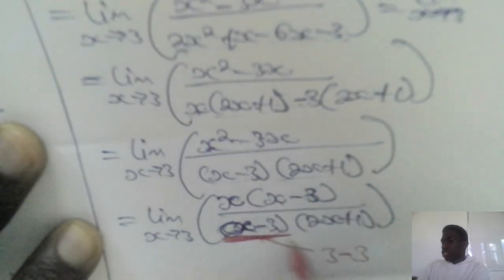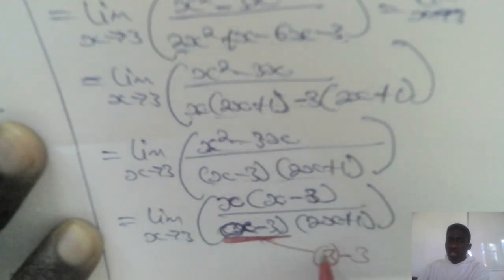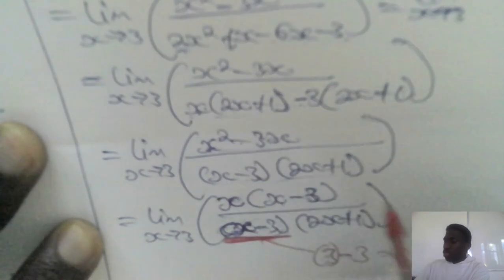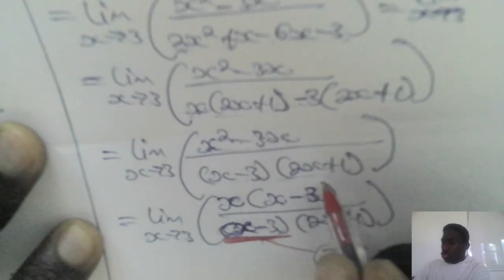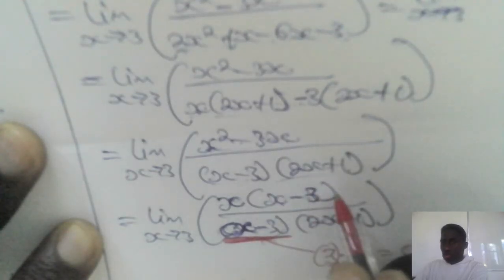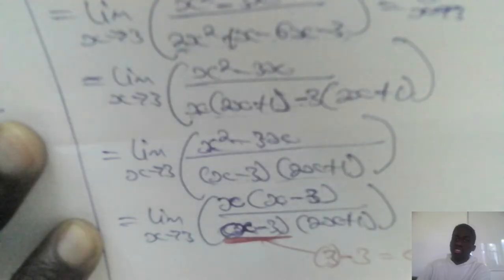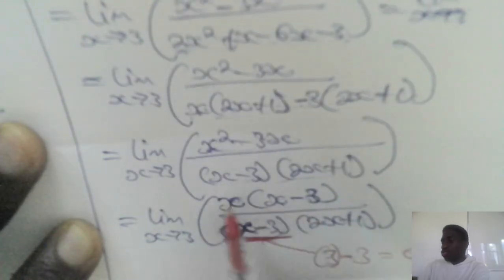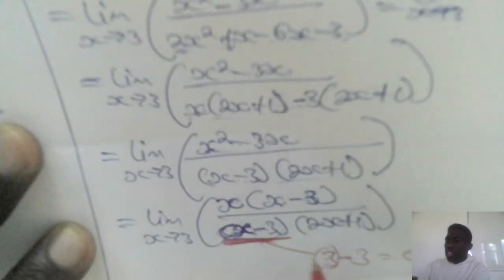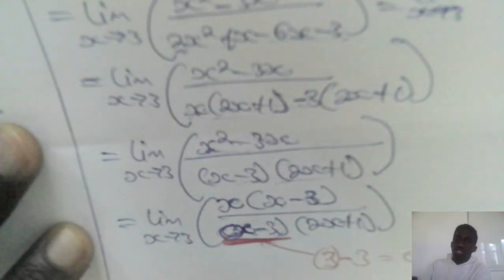Because of this factor here, once you put in 3 to replace x, you have 3 minus 3, which is 0. And in the numerator, once you put 3 here, you have 0. So 0 times anything is still 0. So that's why you have 0 times x is 0, and 0 times whatever is here is still 0. So that's what gave you 0 over 0.